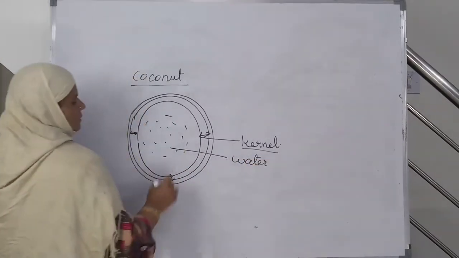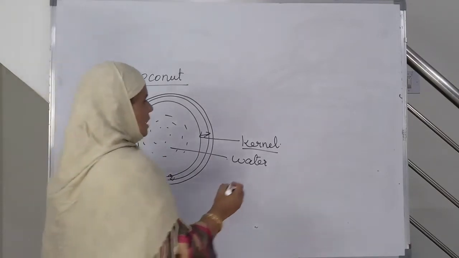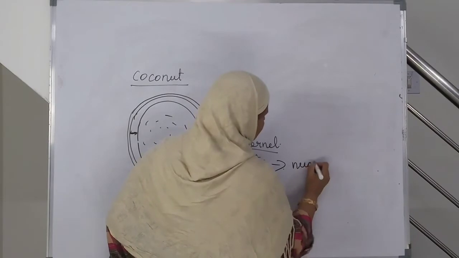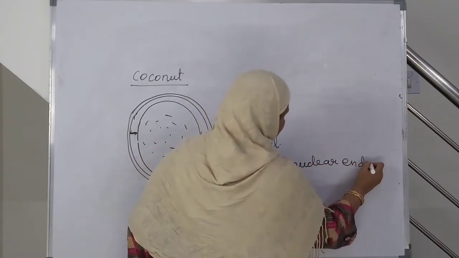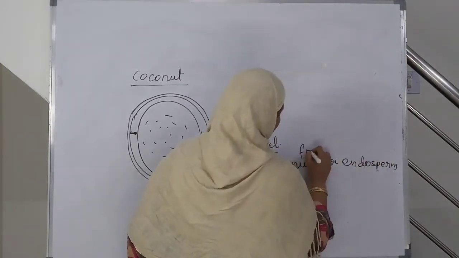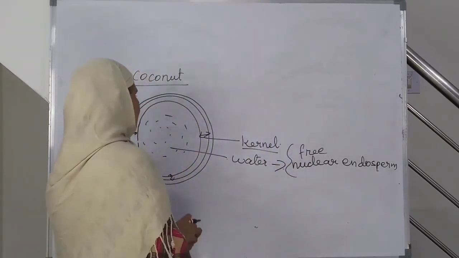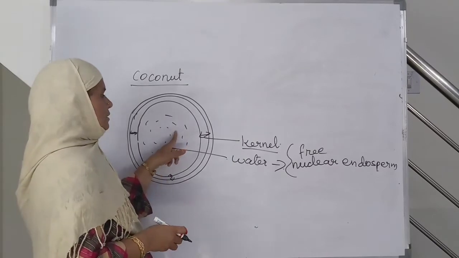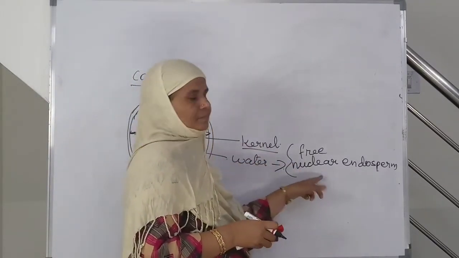Coconut water in the tender coconut is an example for nuclear endosperm, that is free nuclear endosperm. Very important point this is. The coconut water in the tender coconut is free nuclear endosperm.